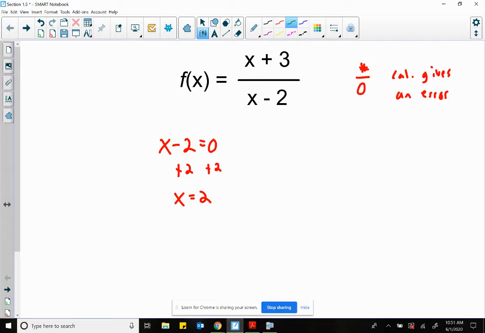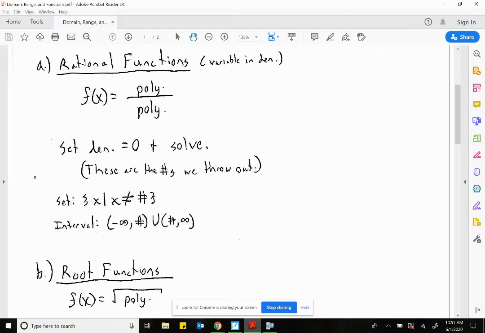Any number but this guy. How we write that up in set notation, it looks like this. All you're going to do is put your x, your line, in other words, your embellishments, and then you're just going to put a slash through the equal sign from when you solved.